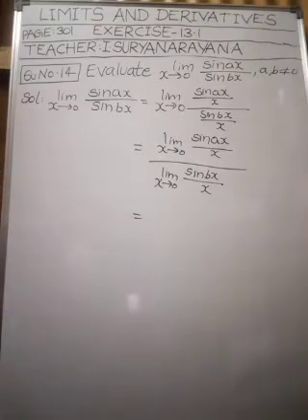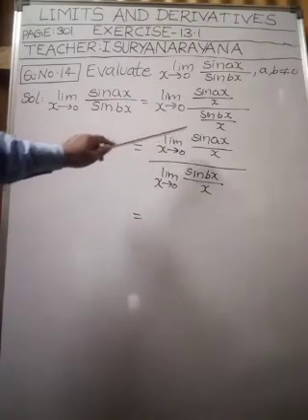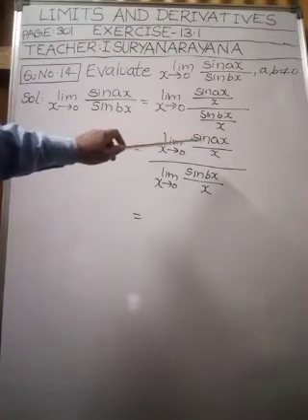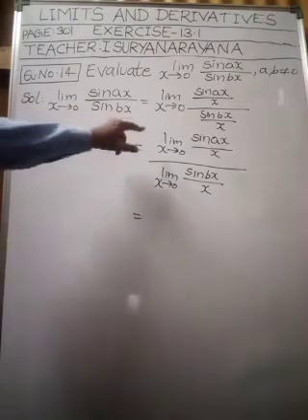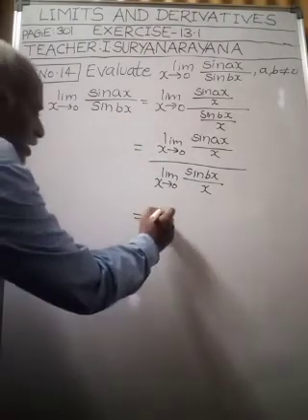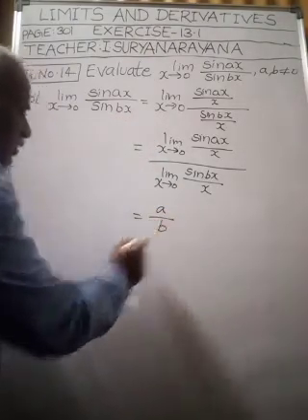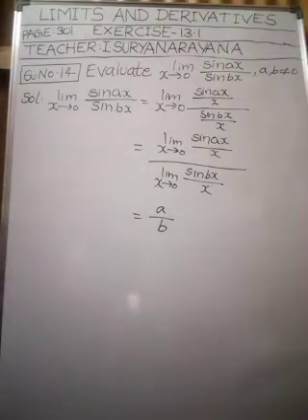What is the standard form? As x tends to 0, limit sin kx by x. Previously we used that standard limit. So what do you get in the numerator? a only. What do you get in the denominator? b.